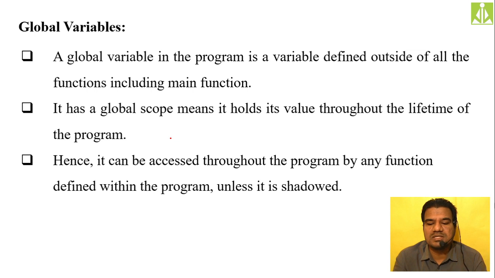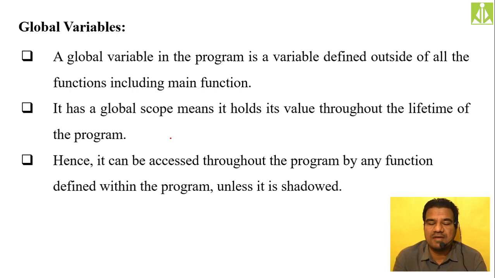Global scope means it holds its value throughout the lifetime of the program, unlike local variables. Local variables are confined, limited to a particular block. But global variables are not limited to a particular block; rather they are accessible throughout your program. Wherever you want to access these global variables, you can simply access them.